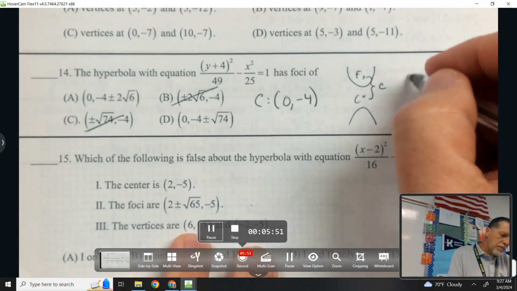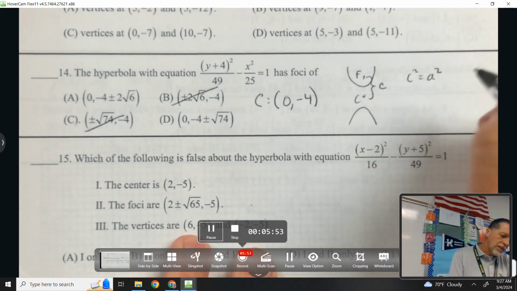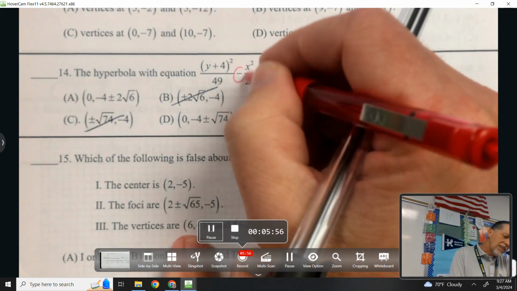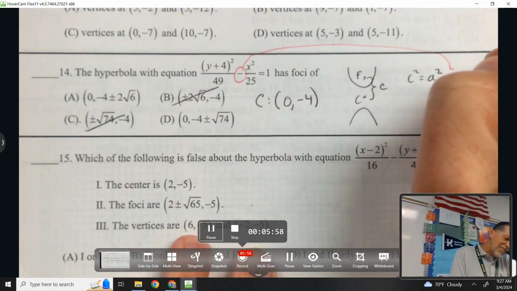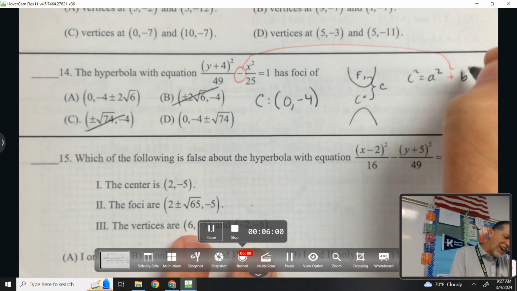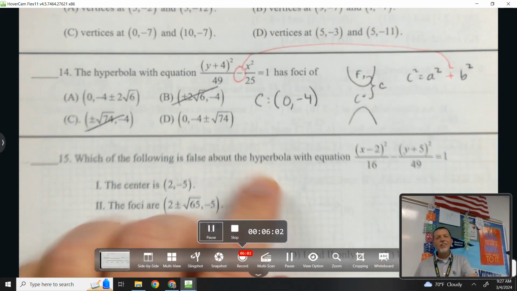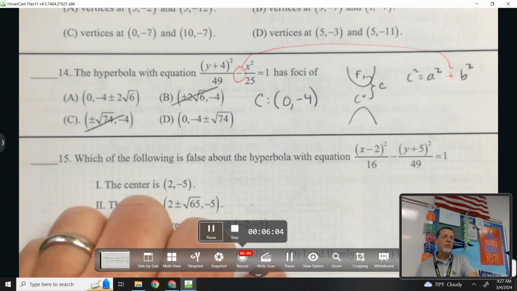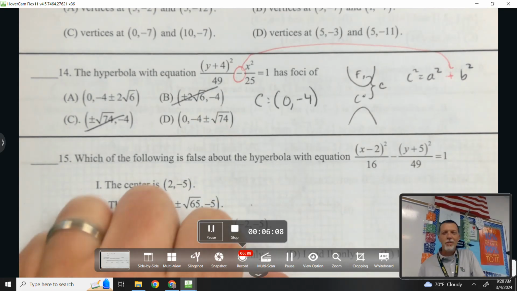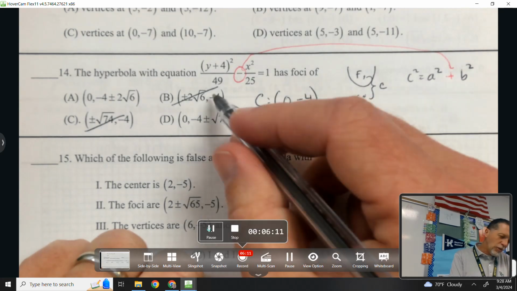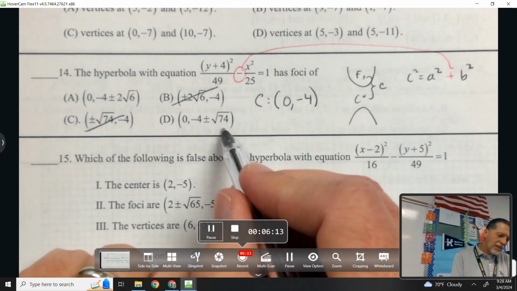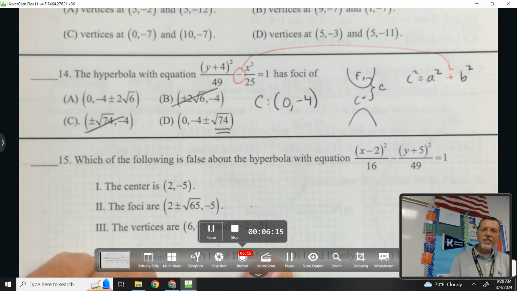And this time c squared equals a squared plus b squared. By the way, the other answer choice is what you get if you do minus b squared. So if you mess that up, your answer will be there, it just won't be right. 49 plus 25, that's 74.